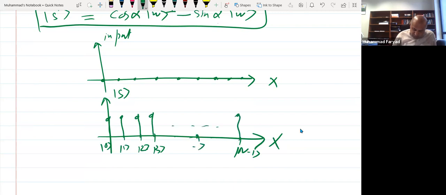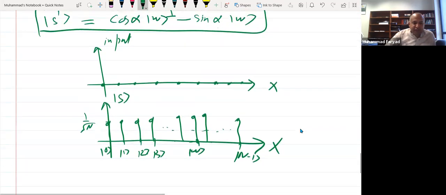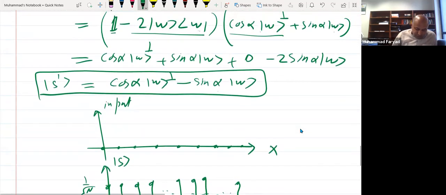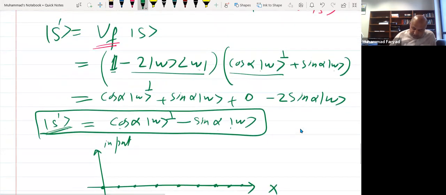Even our W state had this amplitude, W plus 1, W minus 1, and so on, and the amplitude was 1 over square root of n. But now after we have performed UF and gone to this S prime state, the amplitudes are exactly the same as they were in the S state. So the S state and S prime state have the same magnitude of amplitude.